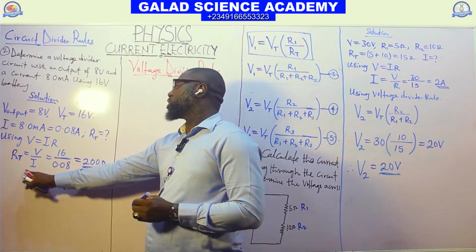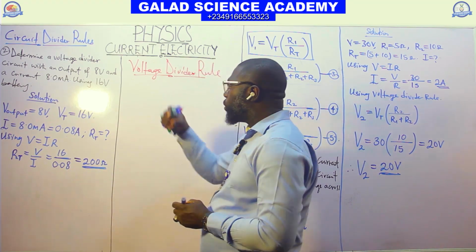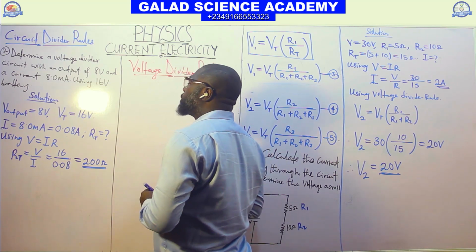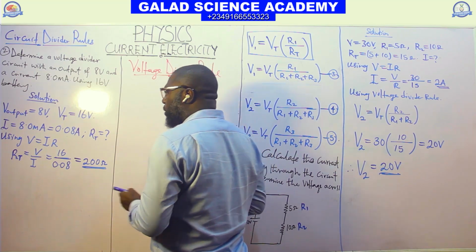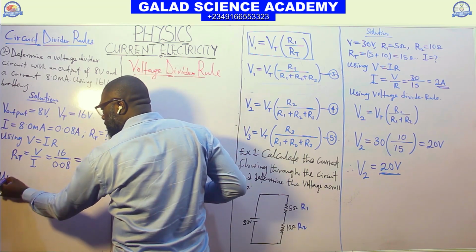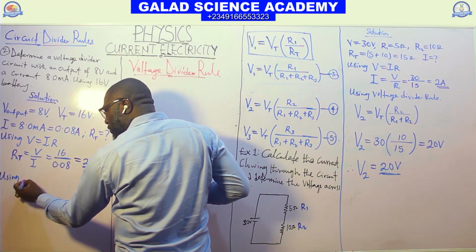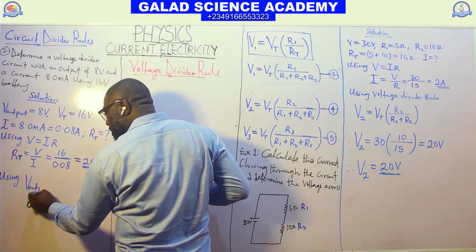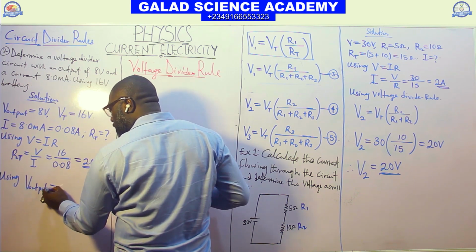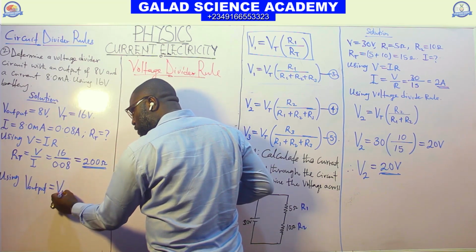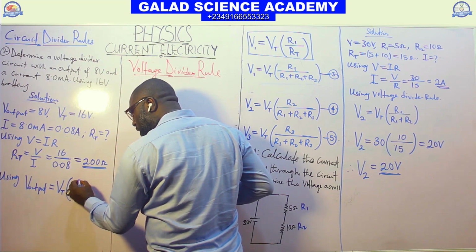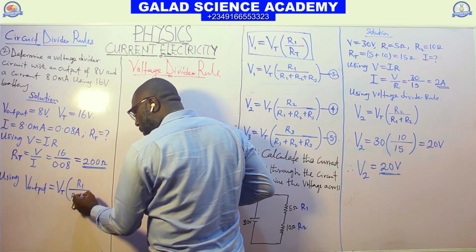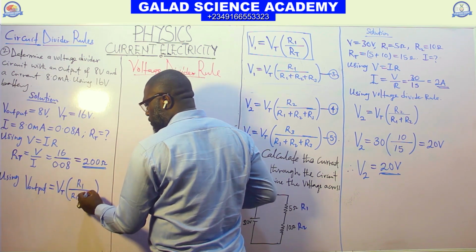If our total resistor is 200 ohms, what will be the given output voltage? Using the voltage divider rule, we say that output voltage is equal to V total into R1 over R1 plus R2.